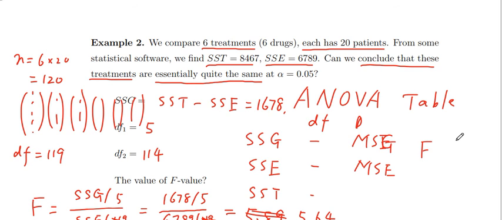ANOVA test and F test are the same. We calculate the F value, the test statistic, and determine whether it is a big or small number by comparing it with the critical value. The basic idea is quite the same: we do some calculation, find the test statistic, then determine whether it is big or small.